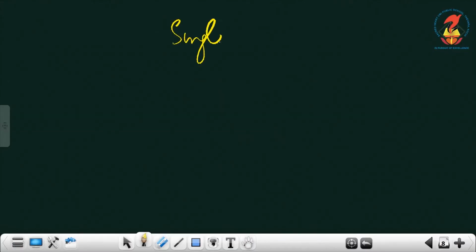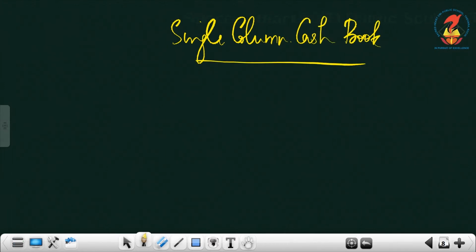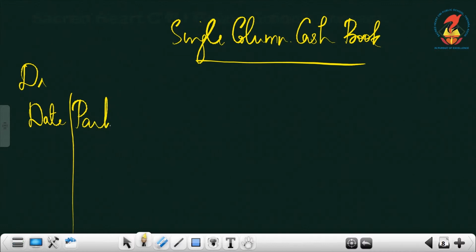Write single column cash book and draw the format. We can avoid voucher number, that is not required actually. So you draw LF.